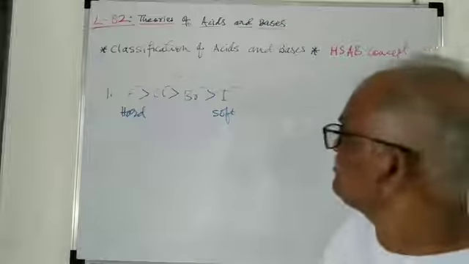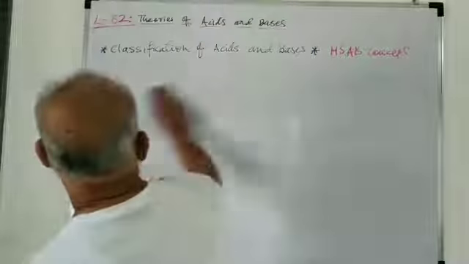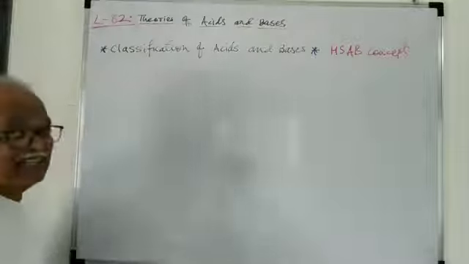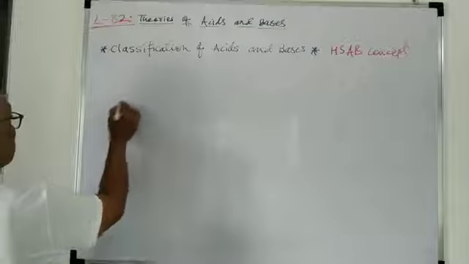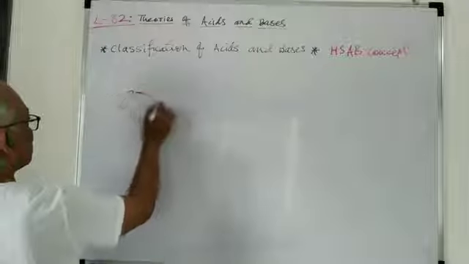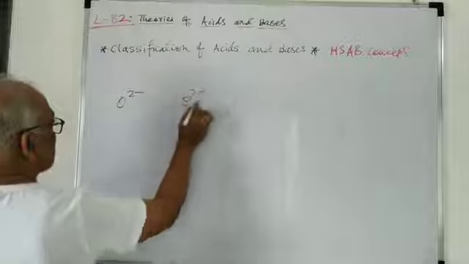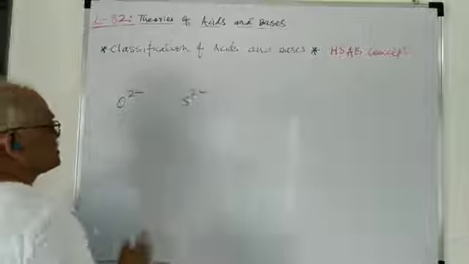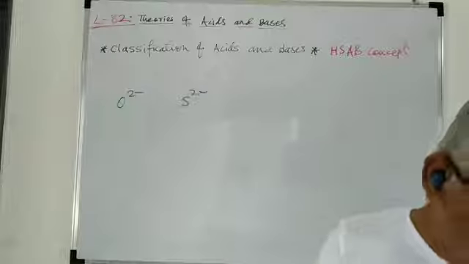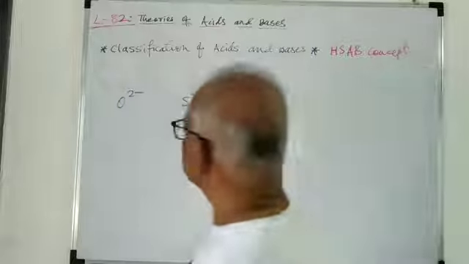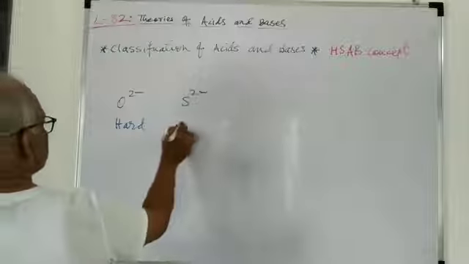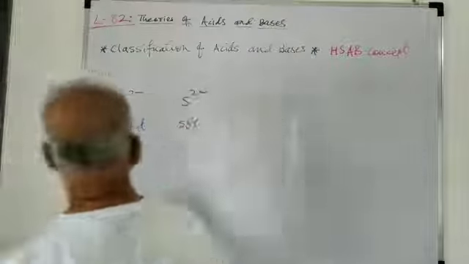Next example, if we see oxygen and sulfur, if we compare the hardness of Lewis bases, that is O2 minus and S2 minus, then we find that oxygen is a hard species and this is a soft species.